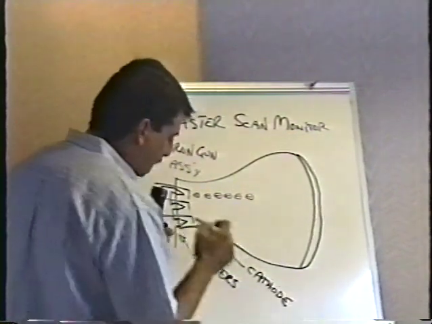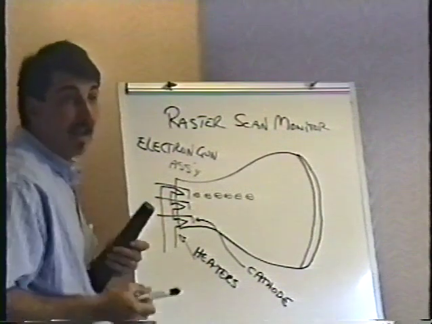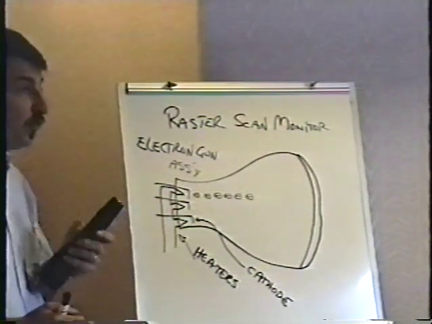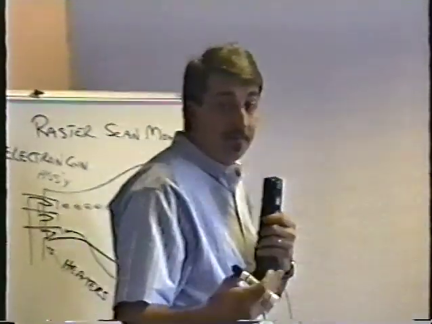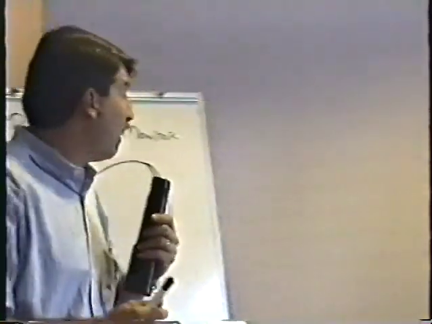Remember when we were talking about the diode, we had the anode and the cathode. What a cathode really is, is something that emits electrons. What an anode is, is something that receives or collects electrons. And so that's what it really is. The part of the electron gun that emits the electrons is called a cathode.